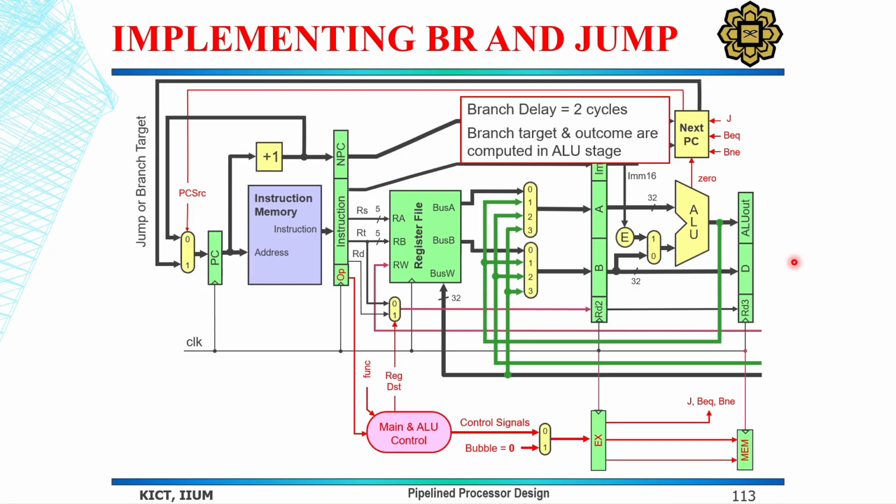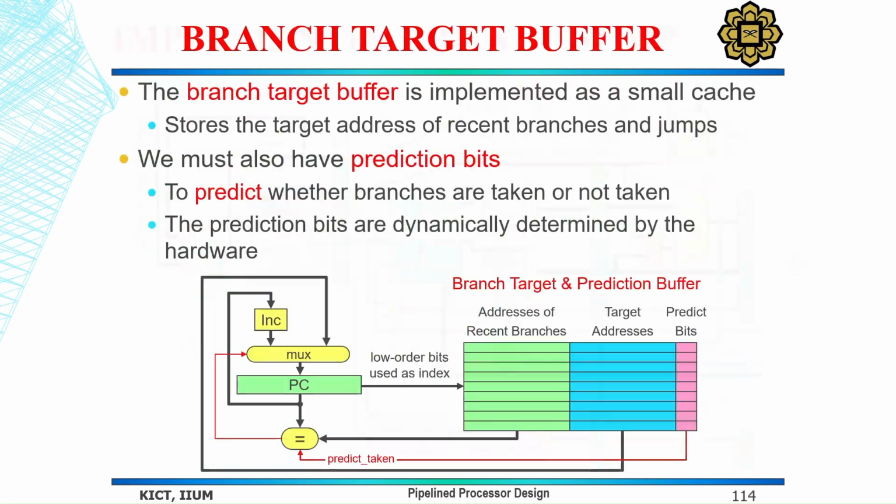So here is another concept, which is the branch target buffer. The branch target buffer is implemented as a small cache, which stores the target addresses of recent branches and jumps. We must also have prediction bits to predict whether branches are taken or not taken. The prediction bits are dynamically determined by the hardware.